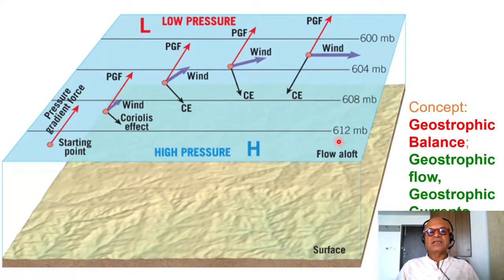So let's say we are looking at flow aloft so that we don't have to worry about friction, because geostrophic balance assumes that there is no friction, and anything that modifies geostrophic balance, like creating change in time or acceleration, tends to be called ageostrophic flows when they are close to geostrophy but deviated by a little bit.